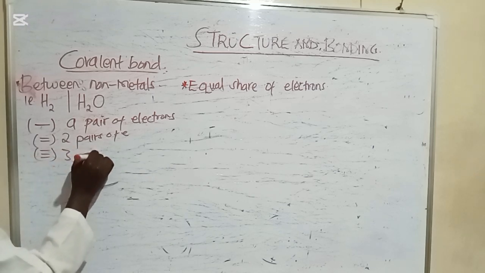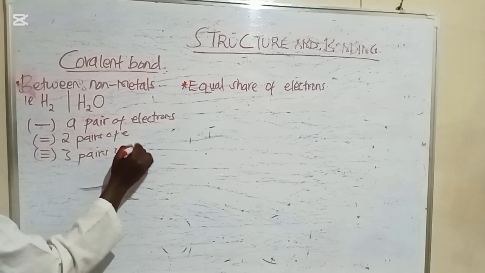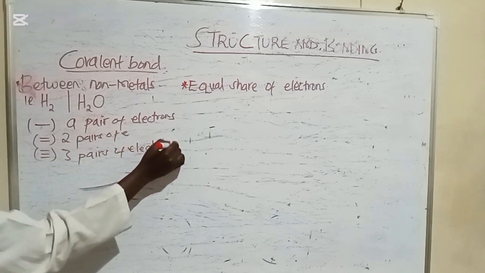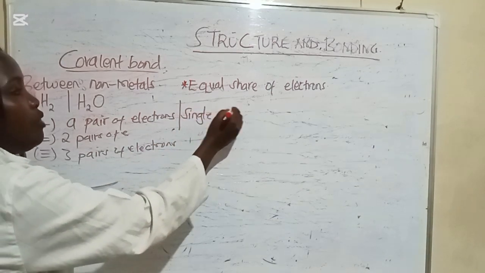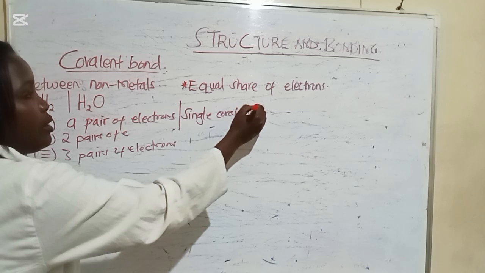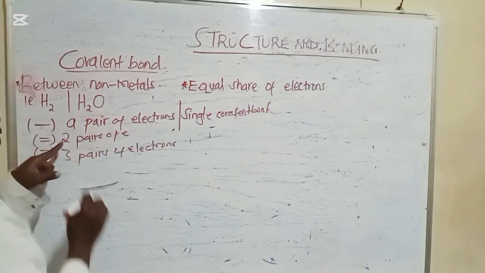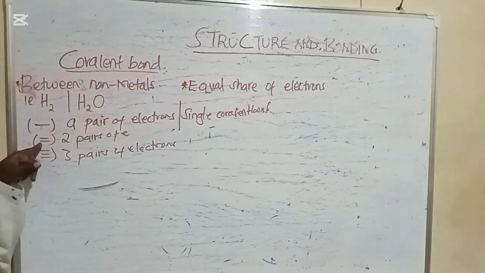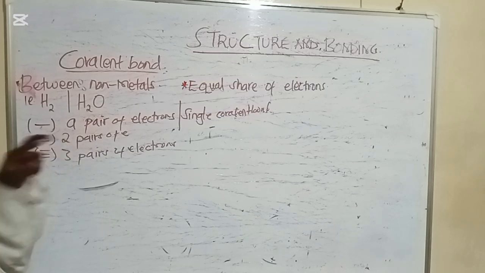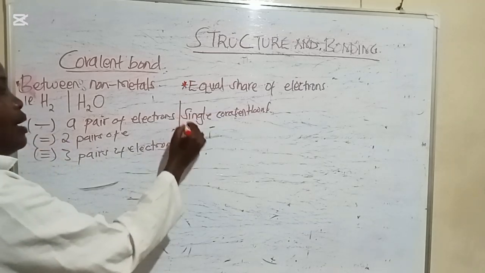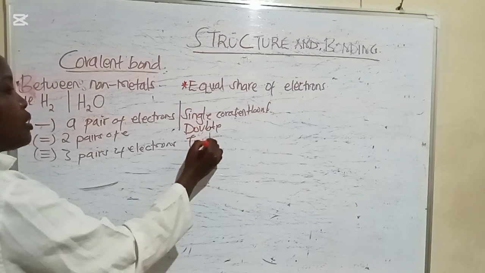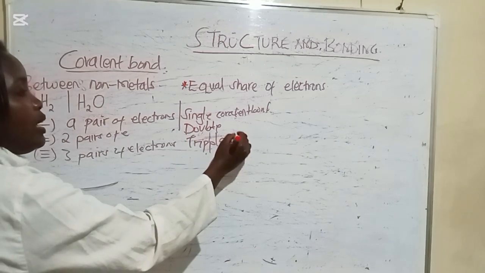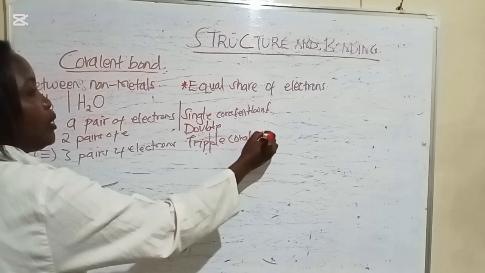Three pairs of electrons. Okay? And this is what you refer to as a single covalent bond. This other one, the one which has two short straight lines, indicating that we have two pairs of electrons, is a double covalent bond, while this one is a triple. It shows that we have a triple covalent bond in our molecular substance.